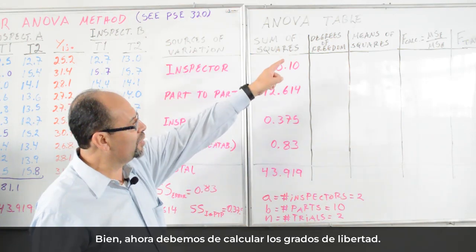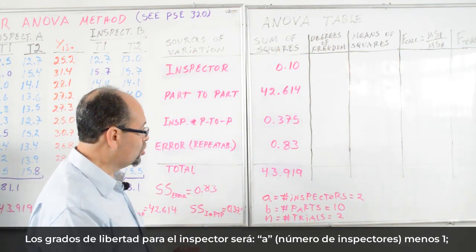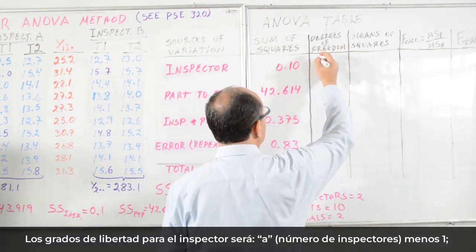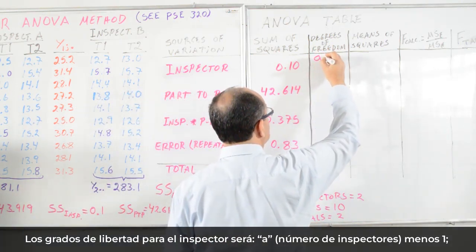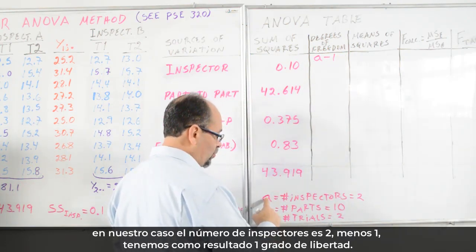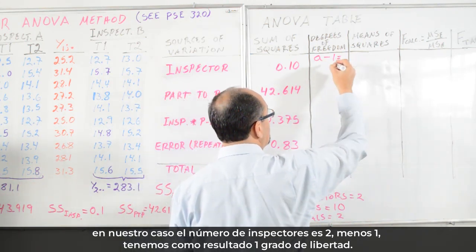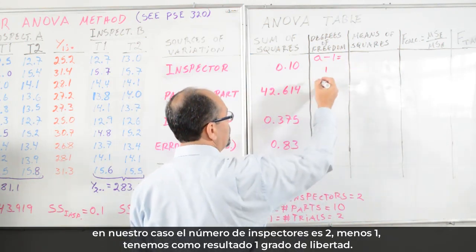Now let's calculate the degrees of freedom. The degrees of freedom for the inspector will be A, which is the number of inspectors, minus 1. In our case, number of inspectors is 2. Minus 1, we are having equal to 1 degree of freedom.